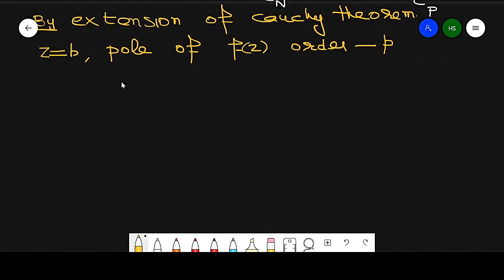So then f of z can be written as phi of z over z minus b raised to power p. Now this phi of z is analytic and non-zero within Cp, because this is a pole of order p.